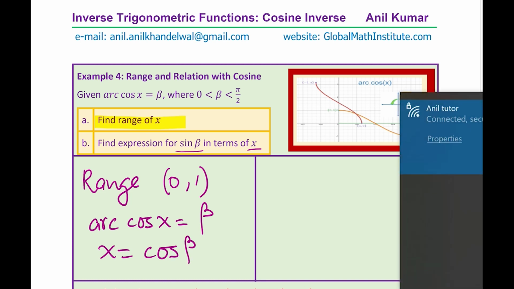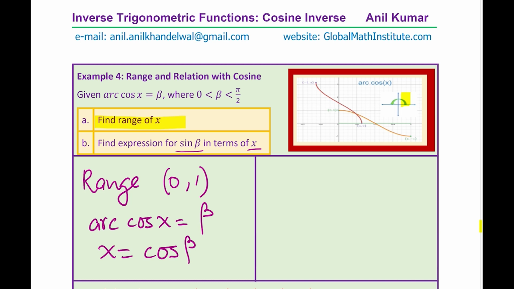So if x is equal to cos beta, we can make our triangle. So we are coming back to the triangle which relates all inverse relations, correct? So let's call this angle beta. Cos beta is x, that means the adjacent side is x, hypotenuse is 1.